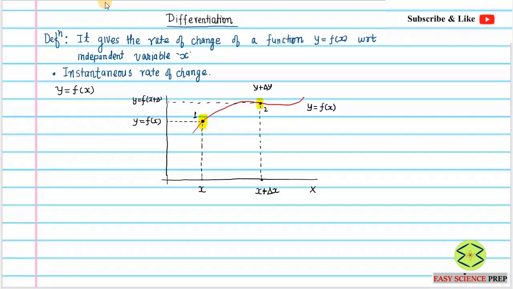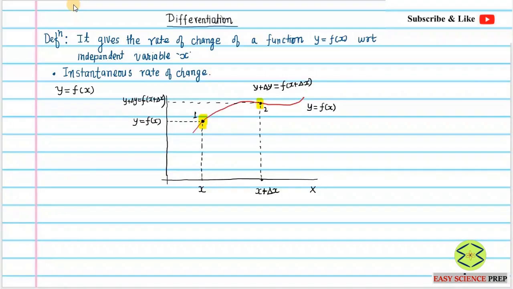So the value of function is changing from f of x to f of x plus delta x. Y plus delta y is equal to f of x plus delta x.